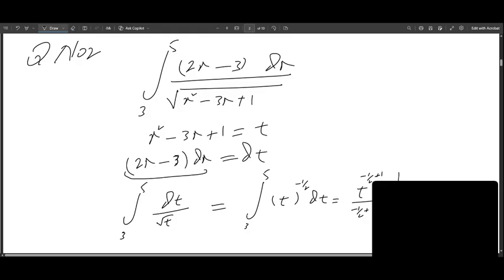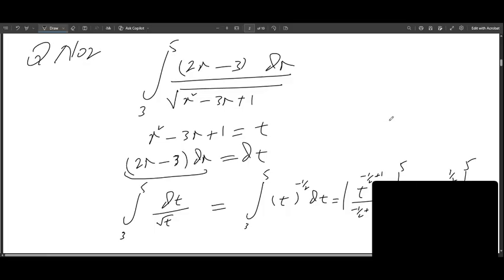We have applied the power rule, and that equals, from 3 to 5, t raised to the power 1 by 2, and then you have a 1 by 2 at the denominator, which can be moved to the numerator, and again we have a limit of 3 to 5.